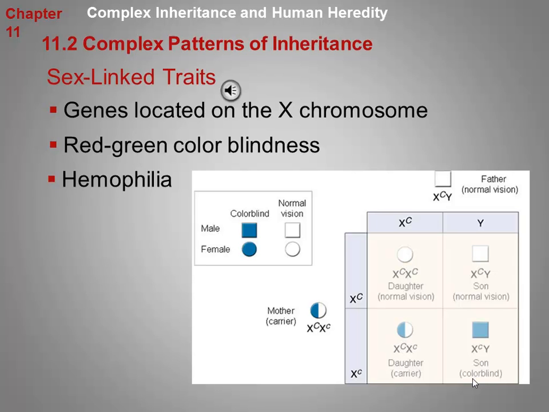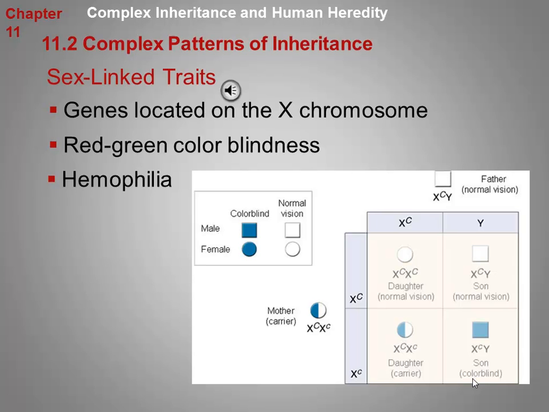So, if you look at the situation with color blindness, color blindness is a trait located on the X chromosome. If you look at a girl, the daughter who's a carrier, she has a capital C and a lowercase c. So therefore, she's a carrier, but she has one dominant, one recessive trait.